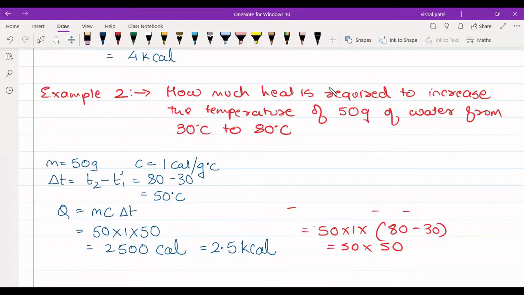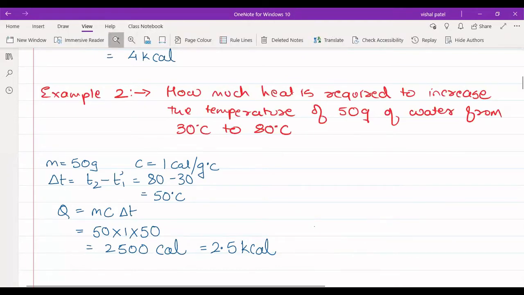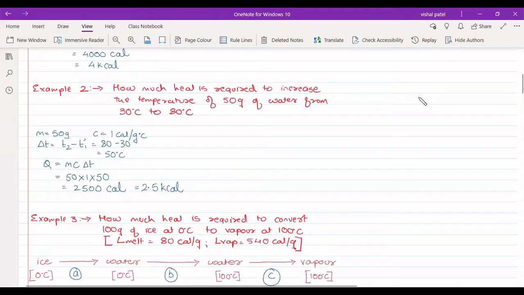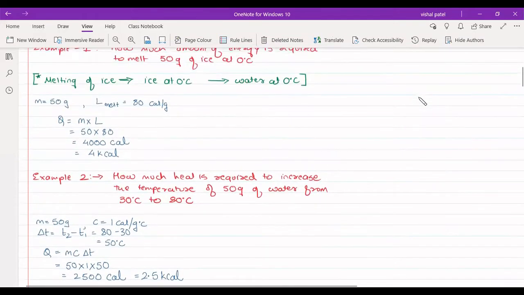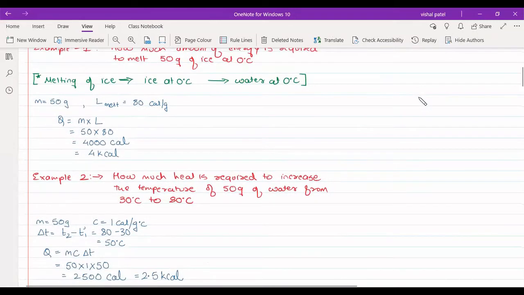Or I can divide by 1000 and get it in kilocalorie. Okay, so students, I'm going to show you both the sums together. Here these are the sums. I want all of you to see both the sums together and understand the difference between them.